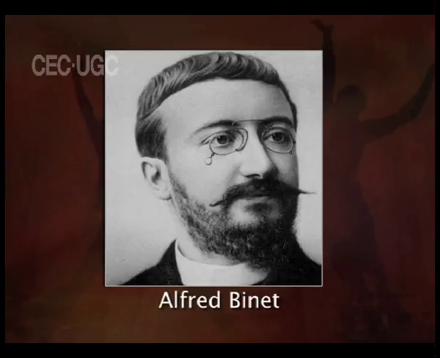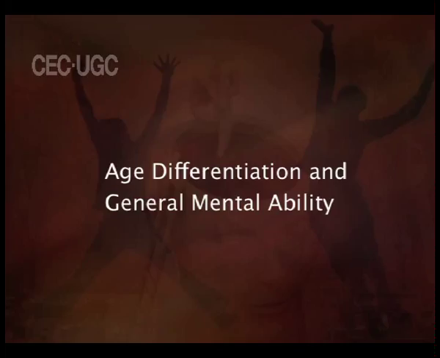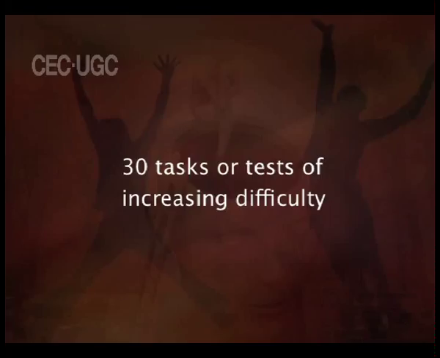The government of France commissioned Binet to develop a scale which was based on age differentiation and general mental ability. The first Binet scale consisted of 30 tasks or tests of increasing difficulty. It began with very simple tasks and went on to become progressively more difficult.